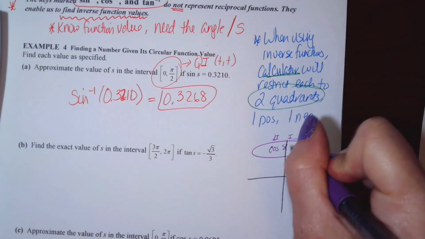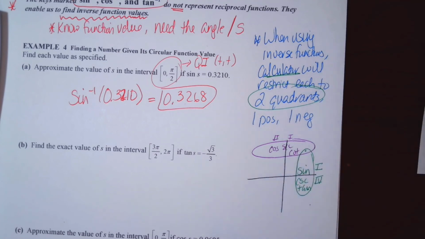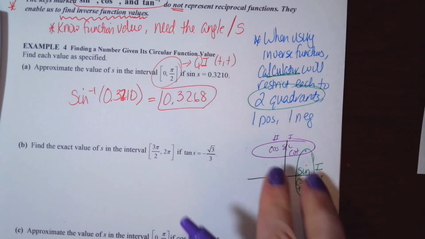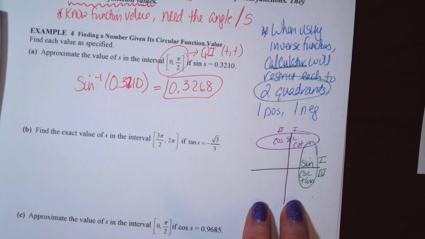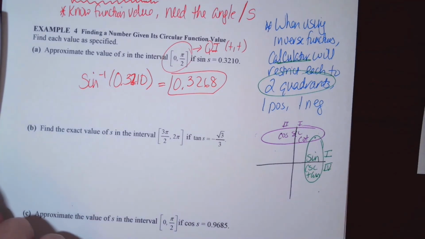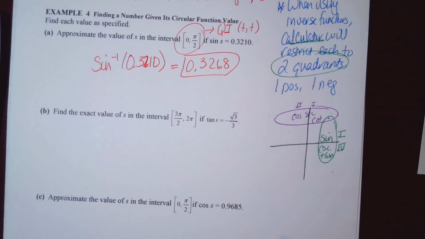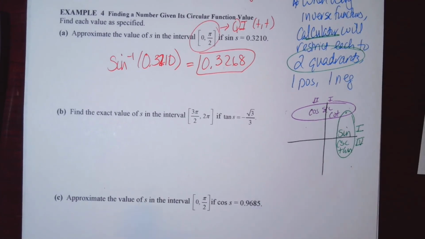Cosine, secant, and cotangent are restricted to quadrants 1 and 2 because these 3 functions will be positive in quadrant 1, negative in quadrant 2. We've covered all the values. There are other angles down here that have those same function values, but if we're using our calculator, it's just going to give us that one primary angle or that one primary s value.